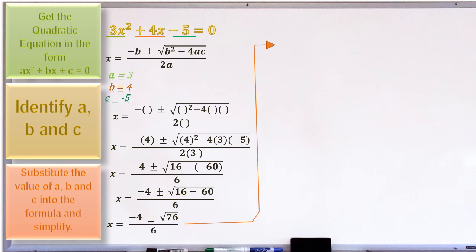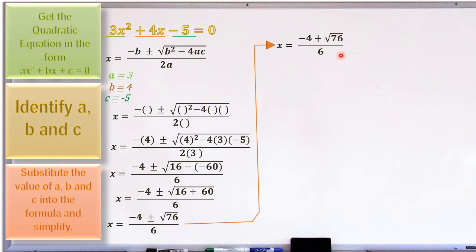Next, we have negative 4 plus and minus the square root of 16 plus 60, which is the square root of 76 all over 6. Again, we have two operations. Let's have first the addition. As you can see, square root of 76 is not a perfect square.